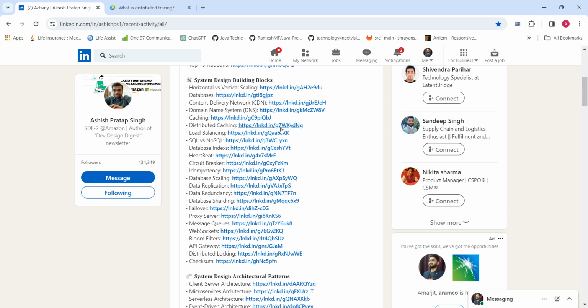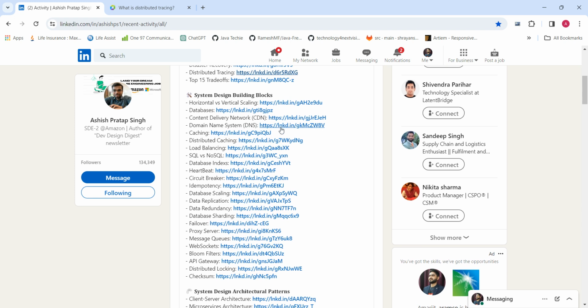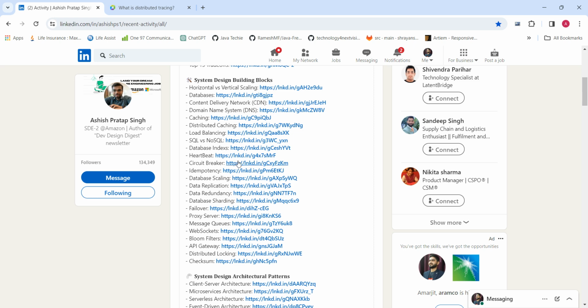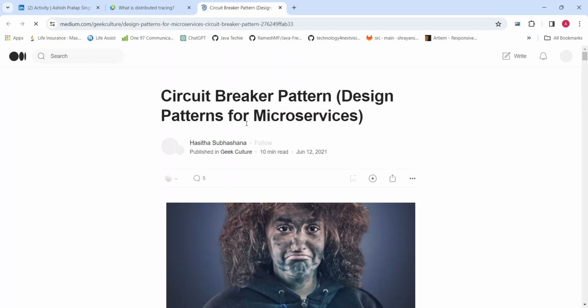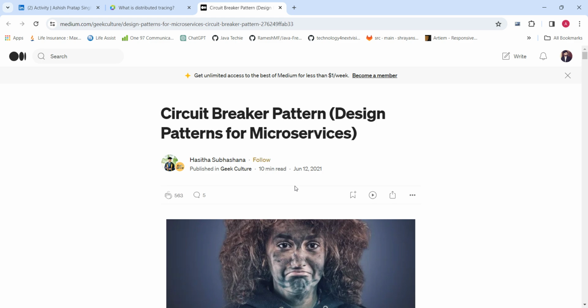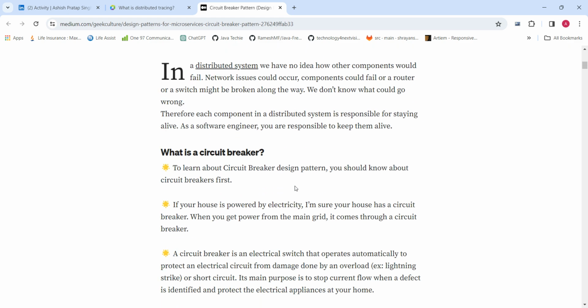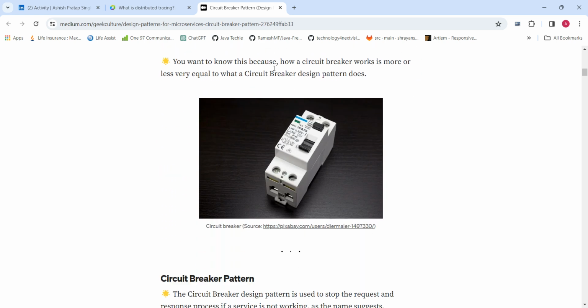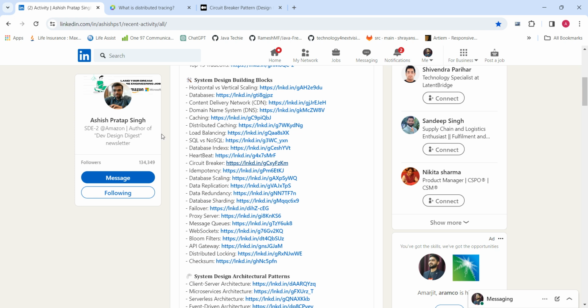So these are the system design building blocks. If you want to go for that, we have a link. Just click on that link and you will understand all those blocks, like circuit breaker patterns or anything followed in microservices, and why we are using them.